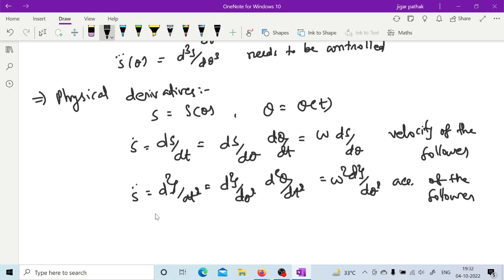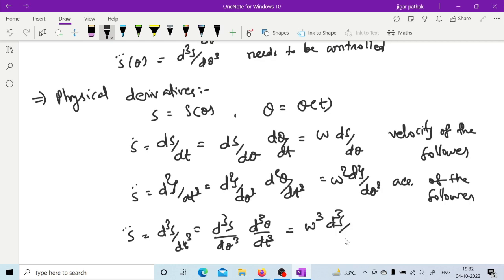Here also you can go for the third derivative, d cube s upon dt cube, which is d cube s upon d theta cube into d cube theta upon dt cube. So basically it is omega cube d cube s upon d theta cube, and it is known as jerk, right?